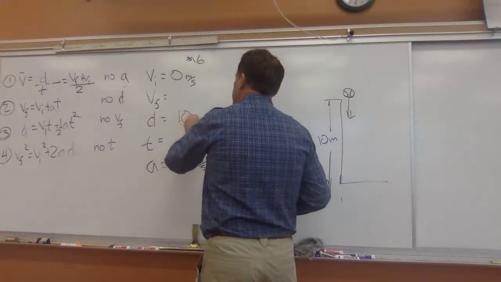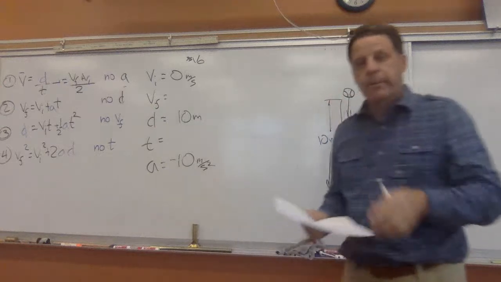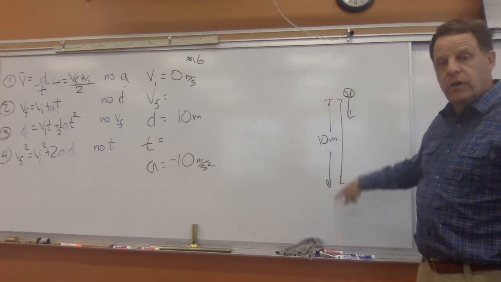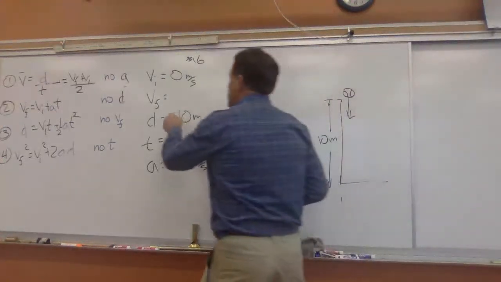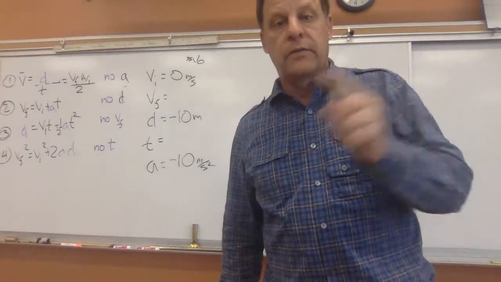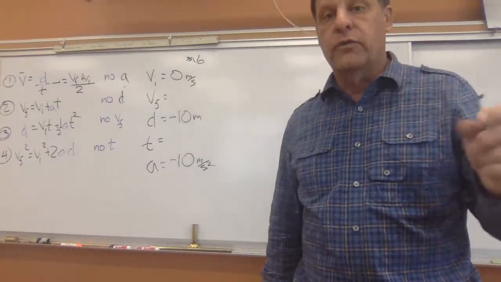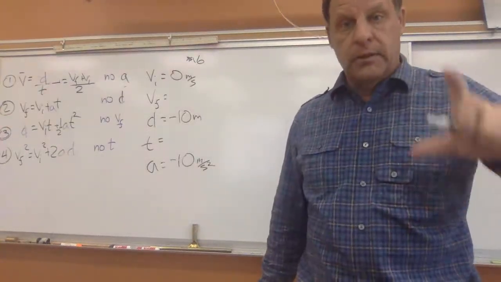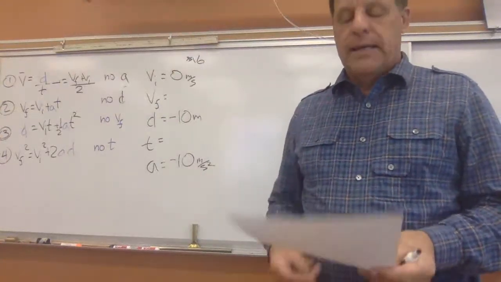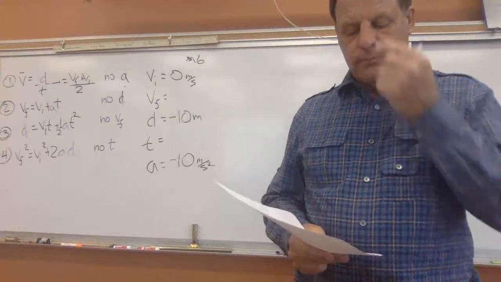And we also know that the distance is 10. But if we look at this, we have to notice that this is going down, so this should be negative. So -10 would be the answer. If I asked you for the displacement from the top to the bottom, it would be -10.